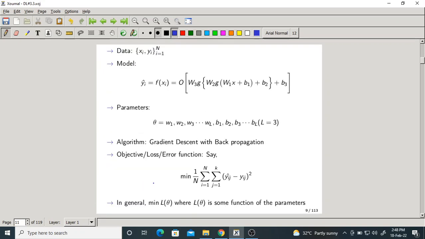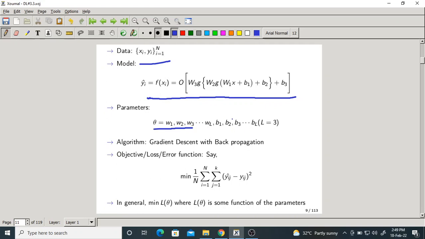Now this is the schematic for the deep neural network. First we have data, xi, yi. In this data, xi and yi have some true relation between them. Now we go with the model, and we need parameters theta, that is W1, W2, WL, b1, b2, bL.